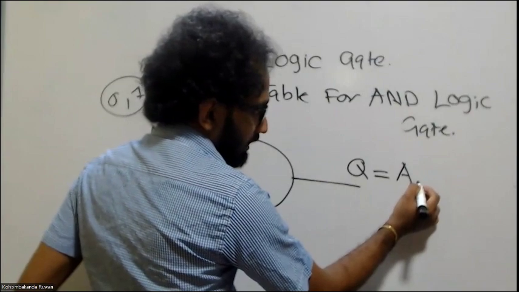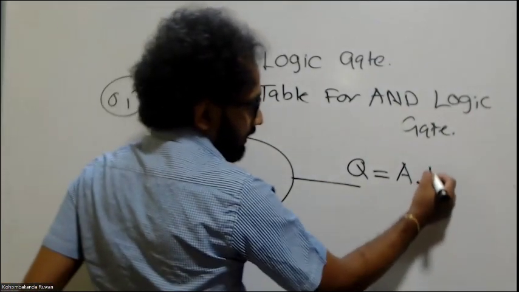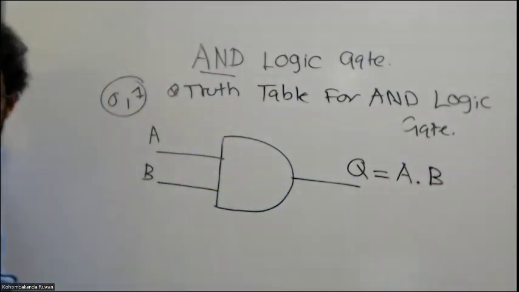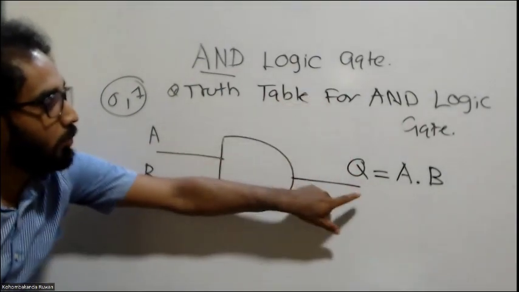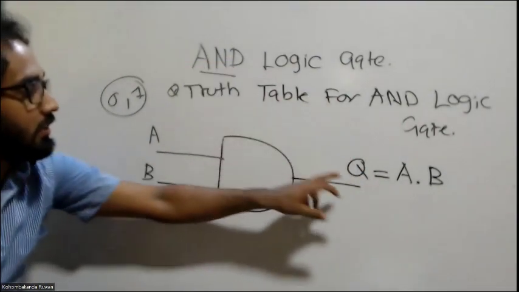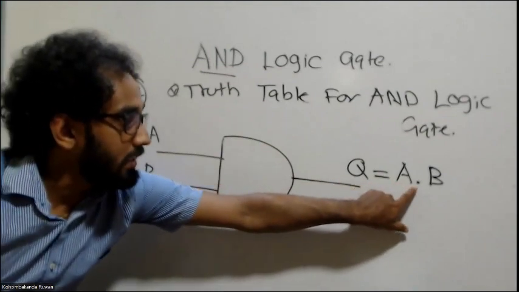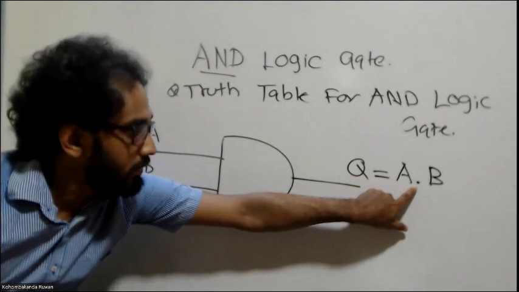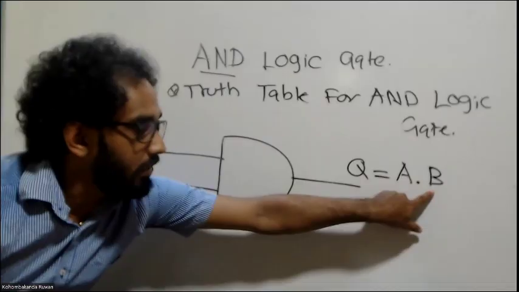This is the standard way to write the Boolean expressions for the AND logic gate. Just remember, Q equal A, this means AND, B. A and B. Right?